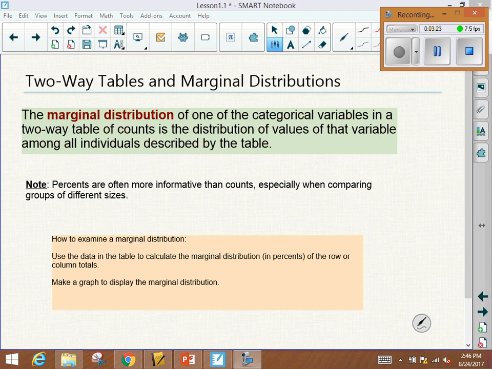All right, and when we do that, what I was talking about, when we're going to take one of the categorical variables in a two-way table out, so for instance, if we were going to look at just females and look at the counts of being rich, we'd be looking at a marginal distribution.